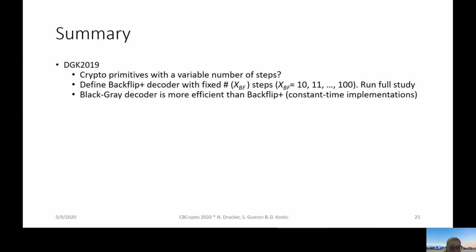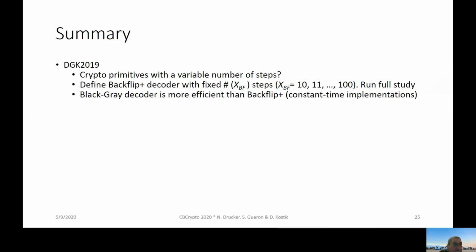But then the surprise is that BackFlip plus is not really the most efficient decoder that we can come up with. There is another decoder, the Black-Gray decoder, that is more efficient than the BackFlip if you compare all constant time implementations.